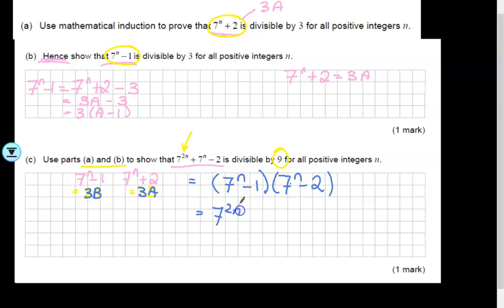That's 7 to the 2n. 7 to the n times negative 2 is minus 2 lots of 7 to the n. Minus 1 lot of 7 to the n. Minus 1 times 2 is plus 2. And you go, oh, well, that's great, that actually gives us this thing here. Would you agree? Why does that prove that it is divisible by 9?